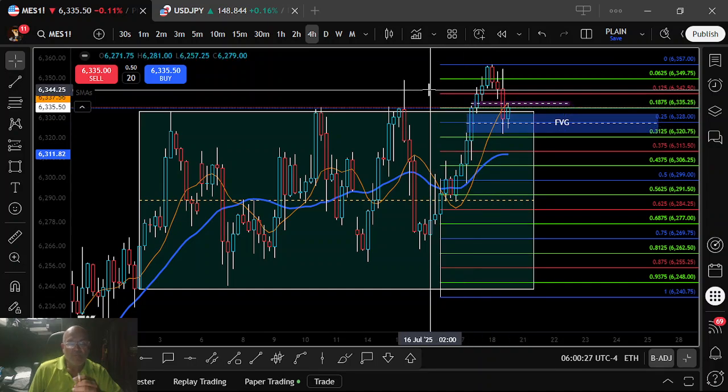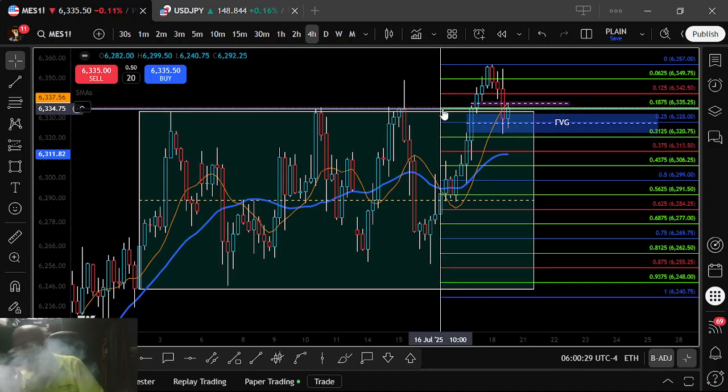Now, obviously, in a day's time, the ES moves more than 20 points. So I know that I can wait for a look. I can be patient. I don't need to take the first trade that shows itself if I don't want to.